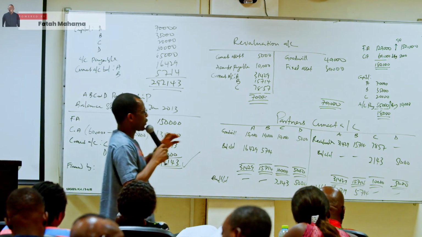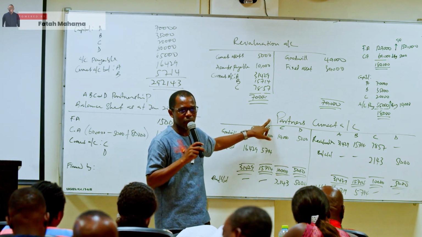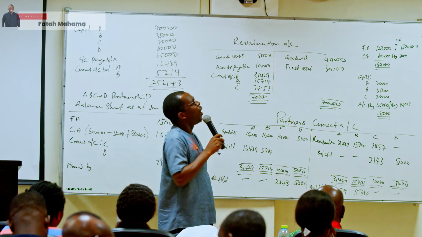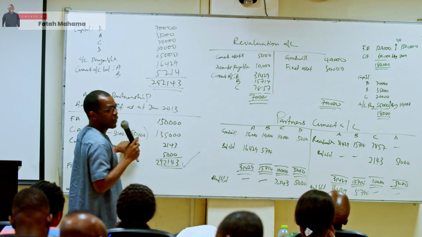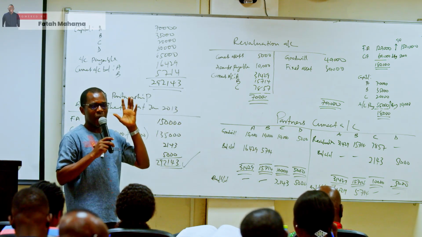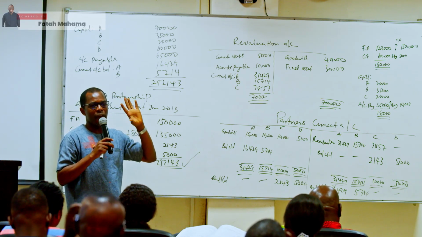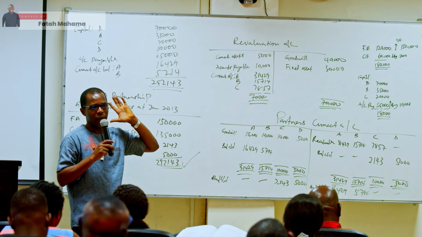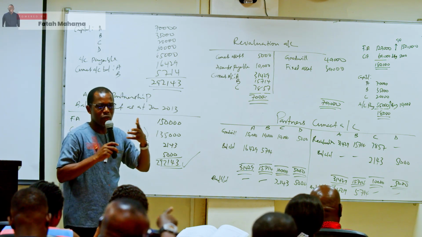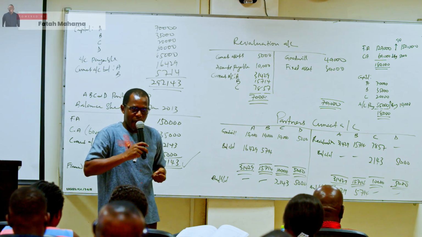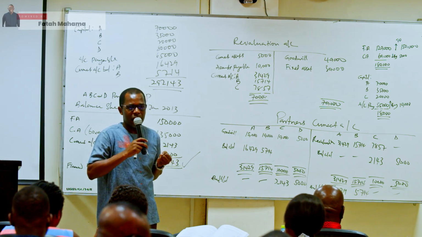Okay, so this is not capital, this is current account. By D. Why did we bring it here? Remember we said accounting is double entry. Every transaction affects 2 items, one debit, one credit. If a partner introduces capital into the firm, the firm would have received money.